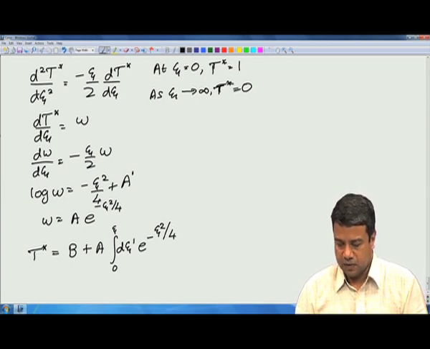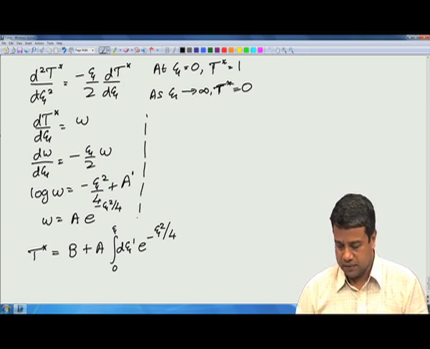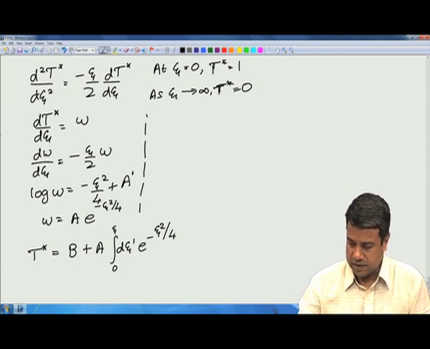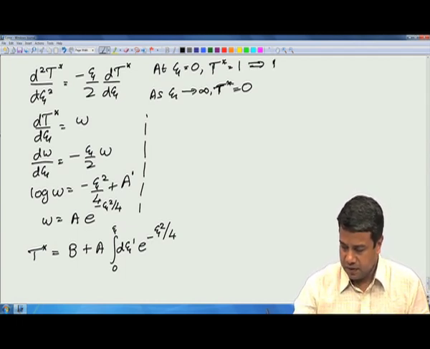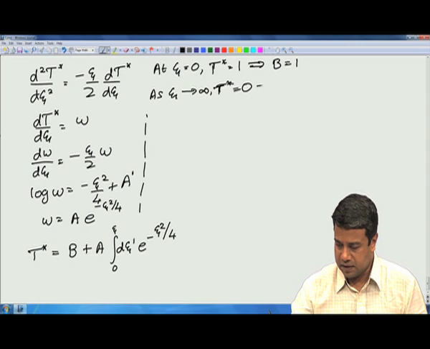Boundary conditions: at psi is equal to 0, T star is equal to 1. Therefore, this implies that b equals 1. As psi goes to infinity, T star is equal to 0.